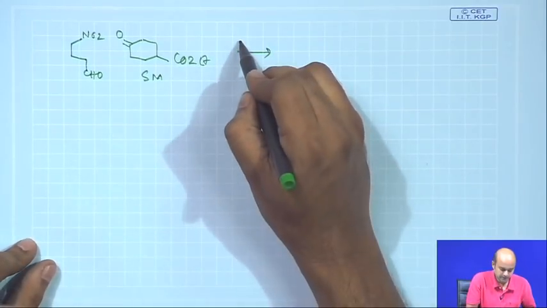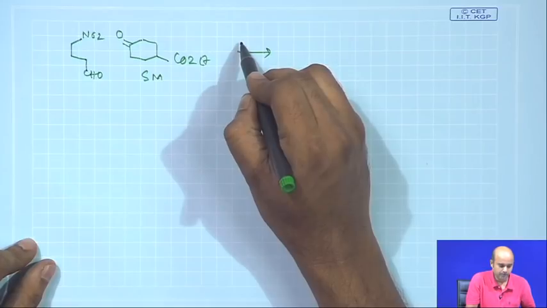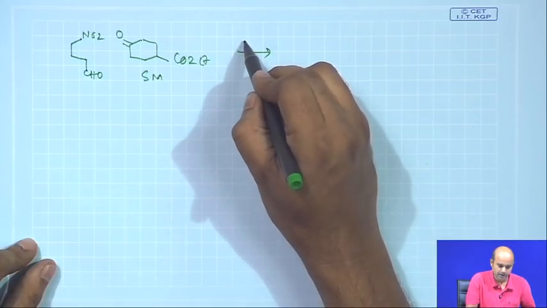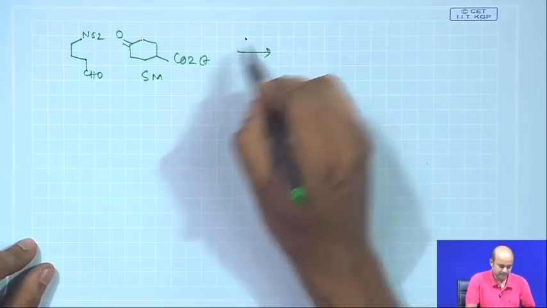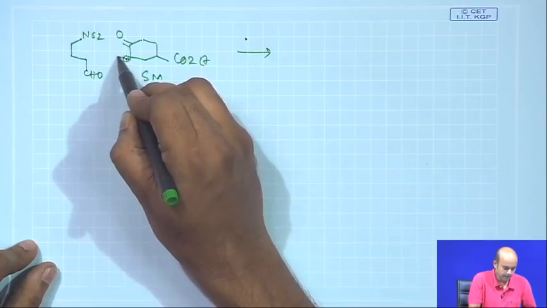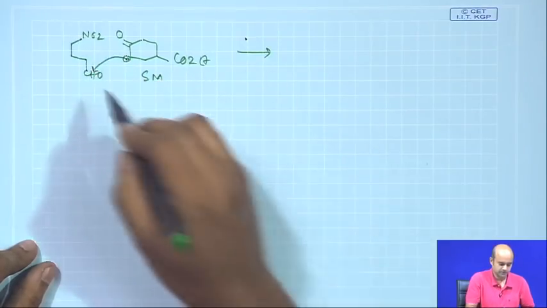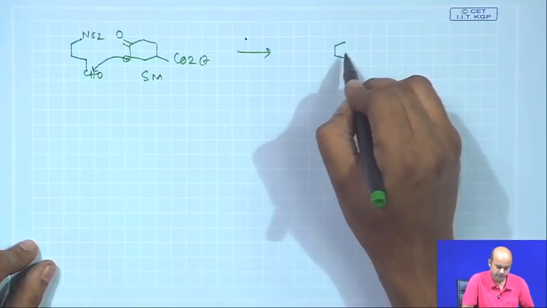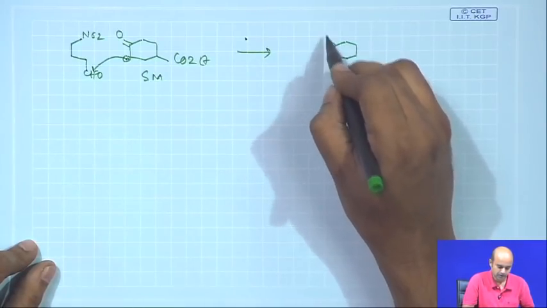The initial step will be a simple aldol kind of reaction, and the carbanion will be generated and it will attack this aldehyde first. This is simple.